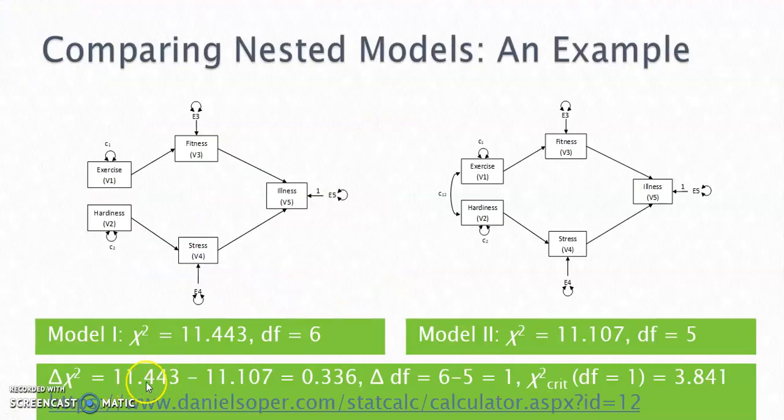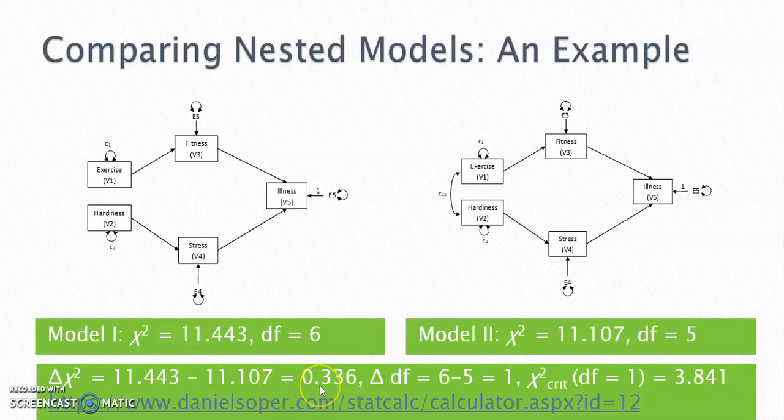The difference between the two model chi-squares is only 0.336 with a degree of freedom change of 1. Either a critical value table or an online calculator can help you to figure out that when degree of freedom is 1, the chi-square critical value is 3.841.